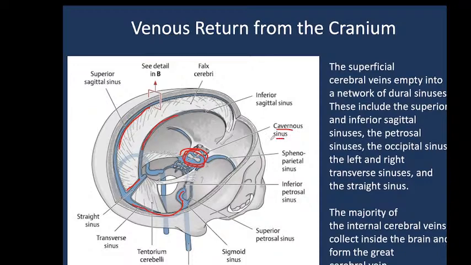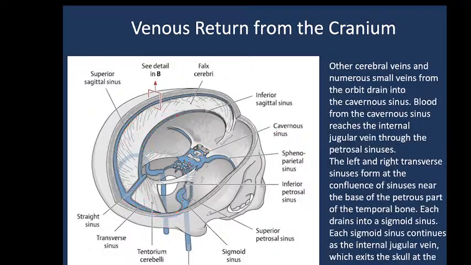This is an important sinus which has tributaries from the orbit, and blood from the eye comes into the cavernous sinuses, and other parts of the brain give blood to this oval-shaped sinus.